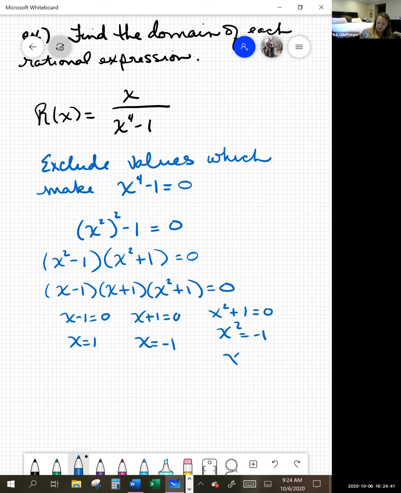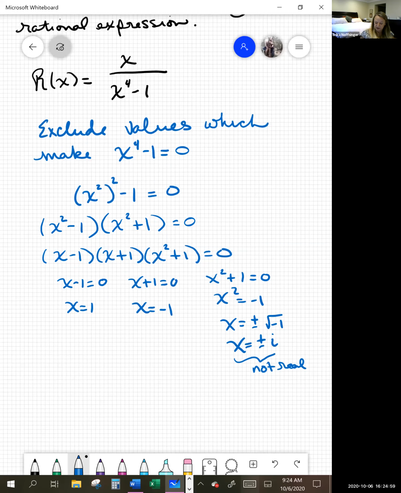Take the square root of both sides. But a square root of a negative 1 was i, so plus or minus i. Okay, so we have to exclude those values from our domain.